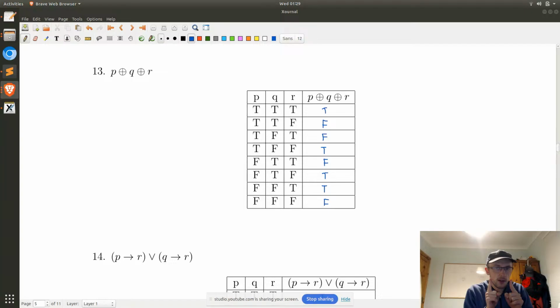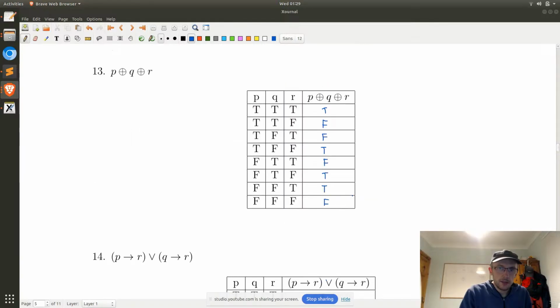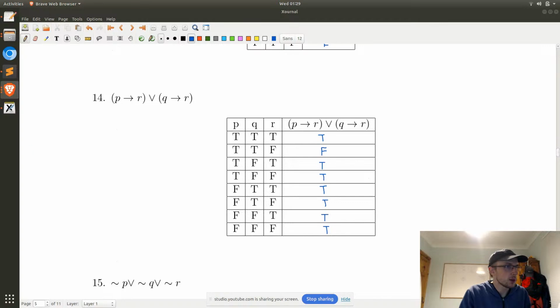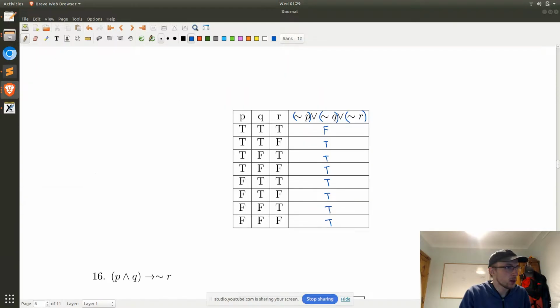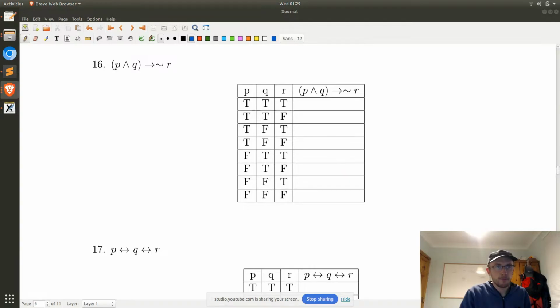Look at that beautiful pattern right there. I want to learn it somehow. Okay. 14th one. Correct. 15th one. Correct. Okay. Getting better.